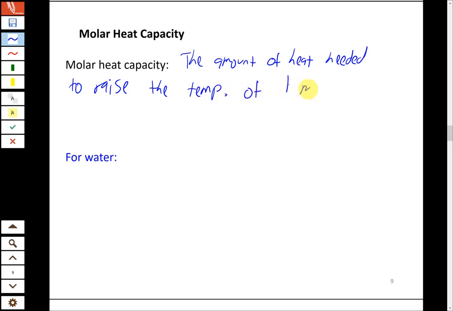It's not used nearly as often because the standard equation for heat is in grams, in mass of substance, not in moles. But sometimes you may come across this, so I just want to make sure you're familiar. So you're raising the temperature of 1 mole of substance by 1 Kelvin or 1 degree Celsius. And that amount of heat would be termed the molar heat capacity.